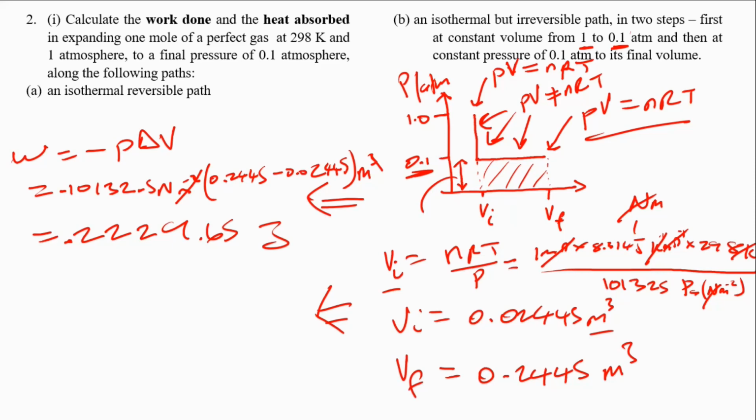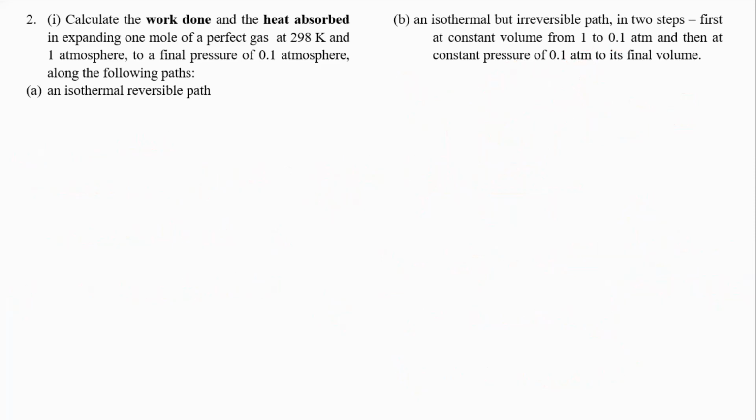Now, we have calculated the work. The heat is the same magnitude but opposite sign, 2,229.65 joules. Now, I would like to point something out, something that is important. If you recall, when we calculated the work for the reversible system, we got something like minus 5,704 joules, if I'm recalling correctly.